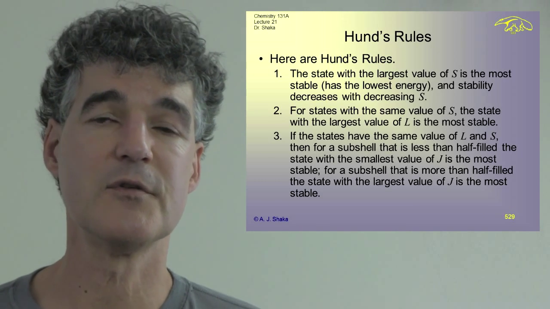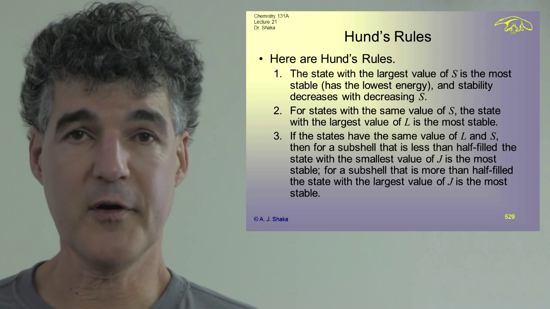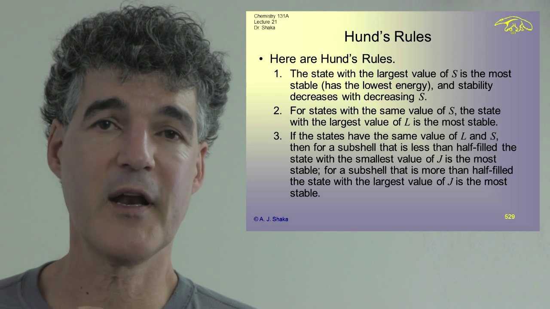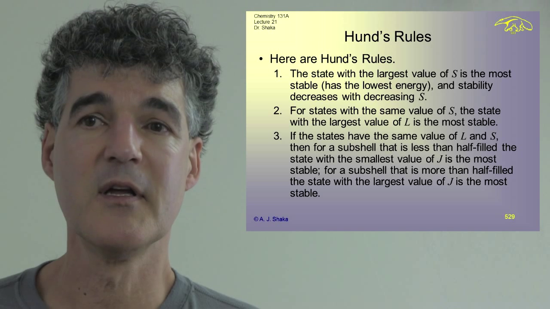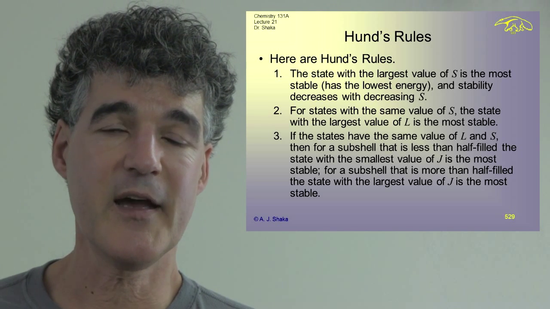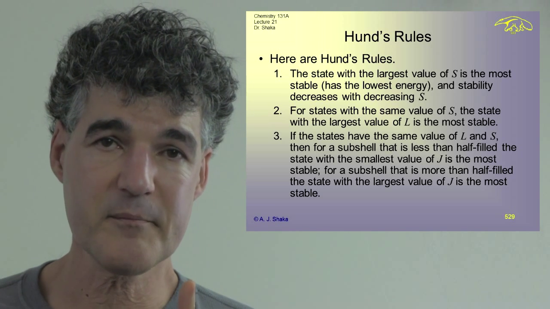Well, let's go through these rules. So here are Hund's rules, the three rules, and they're meant to be applied in order. Only in the case that a rule doesn't adjudicate what happens do you go to the next rule. The first rule is the state with the largest value of big S, which is the total spin multiplicity, 2S plus 1.